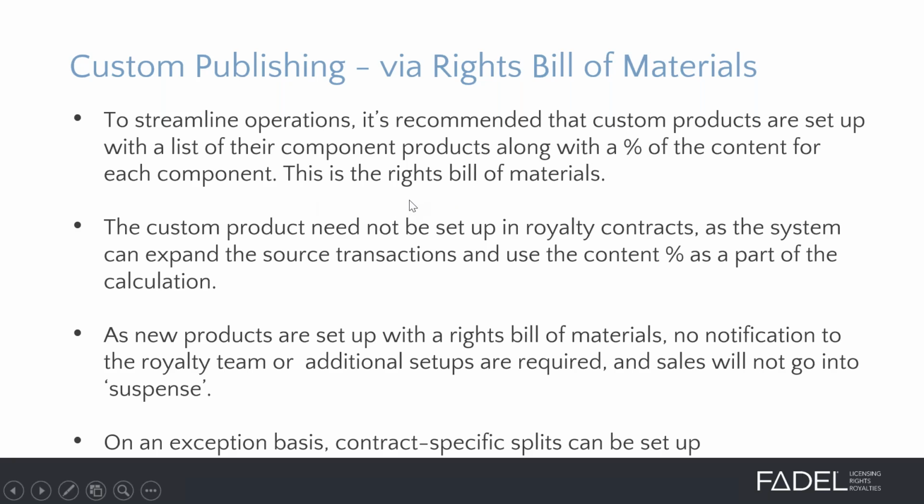What that does is glue together the product that you've sold with the component titles that went into the product, along with the percent allocation of that component content. The idea is to set that up once, perhaps as part of title management, or if your title management system can't do it, you do it in your royalty platform.